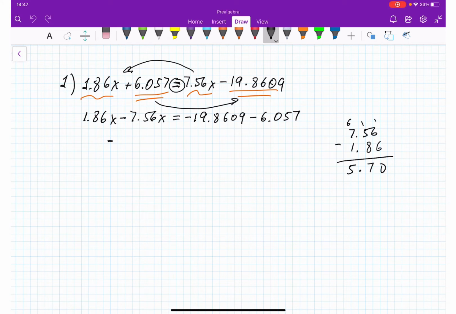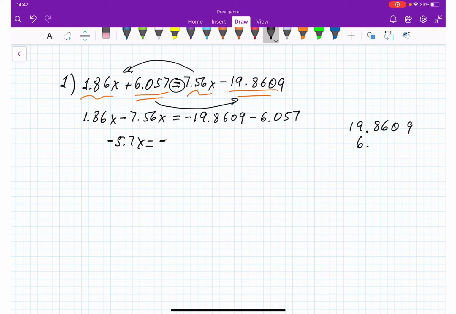So here will be 5.7x, negative, equals. Now negative, negative, we are adding, and the negative sign we will keep, right? So it's going to be equal to 19.8609 plus 6.057.